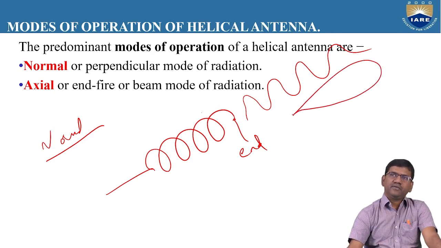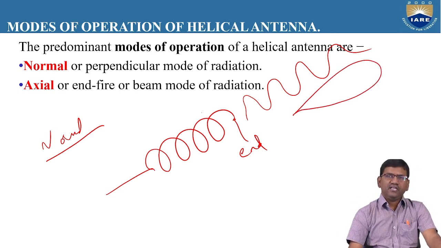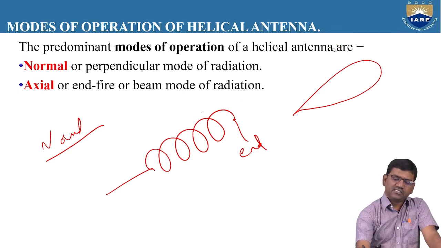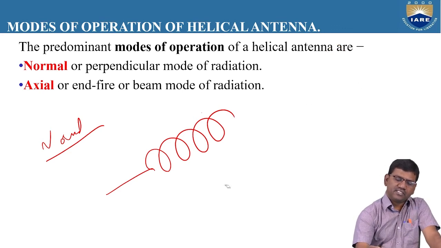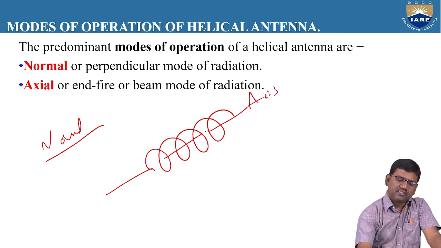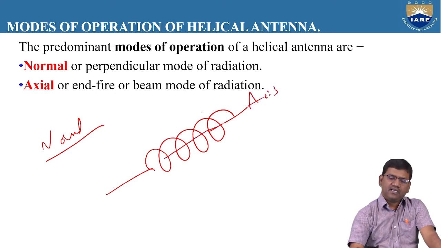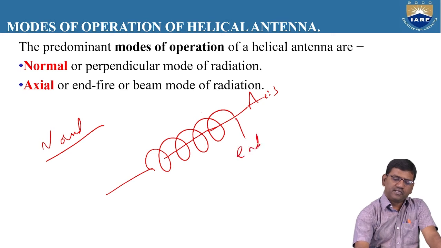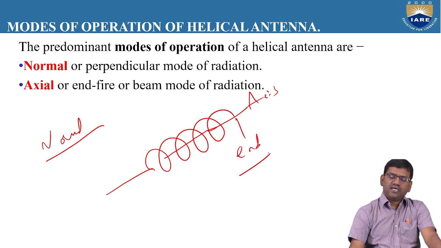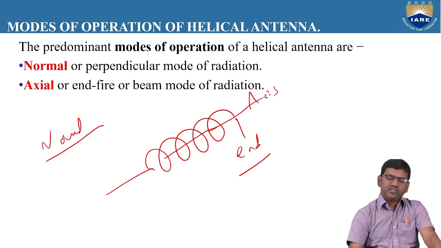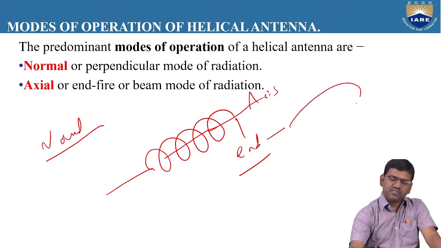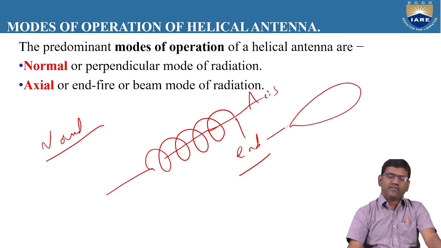The radiation pattern will be fired at the end portion of the helical antenna. This center line is known as the axis of the helical antenna, and this is the end portion of the helical antenna. As the radiation is produced at this end, that means the radiation is fired.